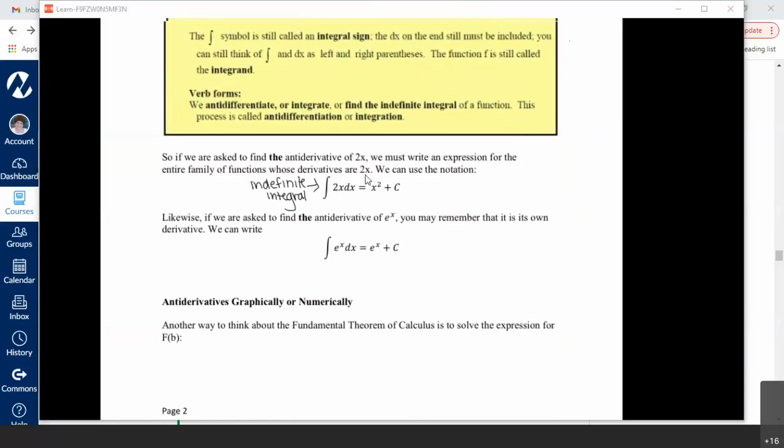But as we showed before on the previous page, any one of a number of constants could have been attached to that, including no constant, a zero. So we have to put the constant of integration there. You always need a C when finding an indefinite integral.